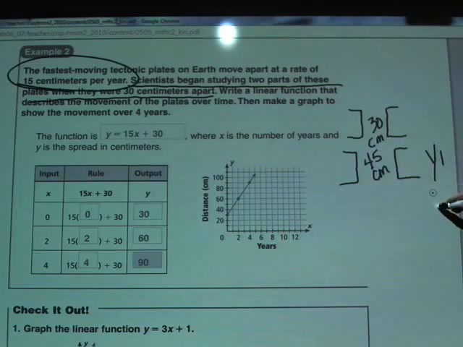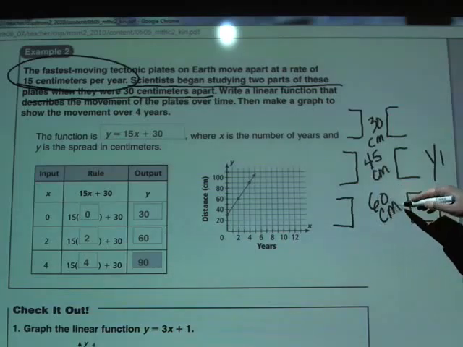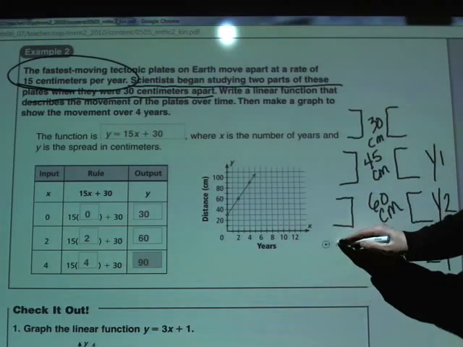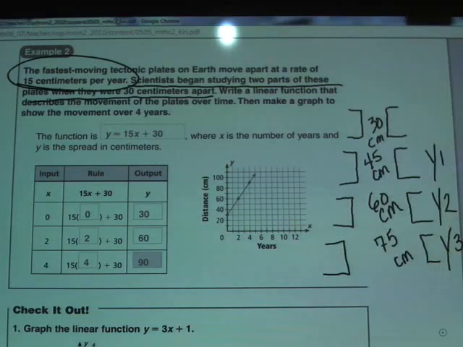When I get to year 2, they're going to move another 15 centimeters apart. So they're not going to be 45 centimeters apart anymore. Now they're going to be 60 centimeters apart. And then as I go to year 3, they're going to be another 15 centimeters apart. So now they're going to be 75 centimeters apart. And we can keep going down the list.